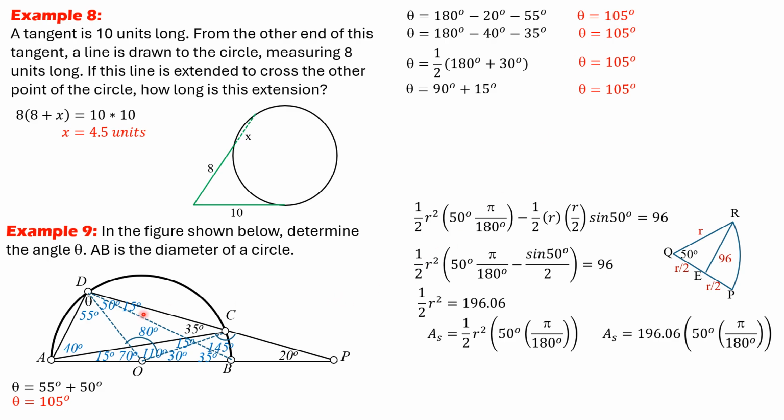Then next is considering triangle ADC. In ADC, we have found 40 degrees. This is given, 35 degrees. So theta is 180 degrees minus 40 degrees minus 35 degrees. So 105 degrees.